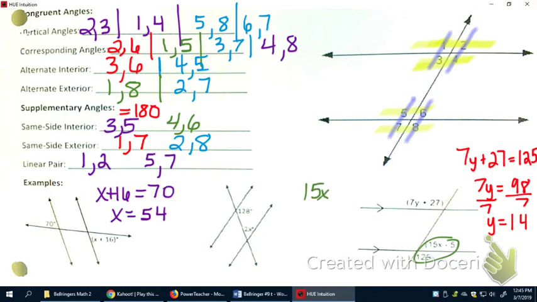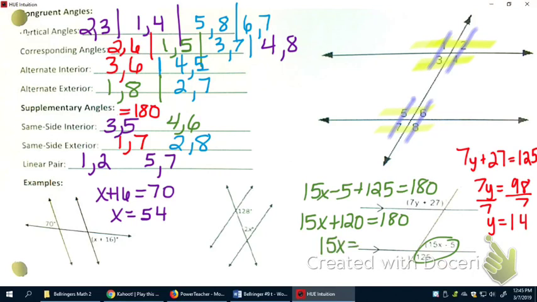So 15x minus 5 plus 125 equals 180 because they're a linear pair and they're side by side. So to solve this equation, I'm going to start by subtracting the 5 and adding 125 together. So 15x plus 120 equals 180. Subtract 120 and then divide by 15.